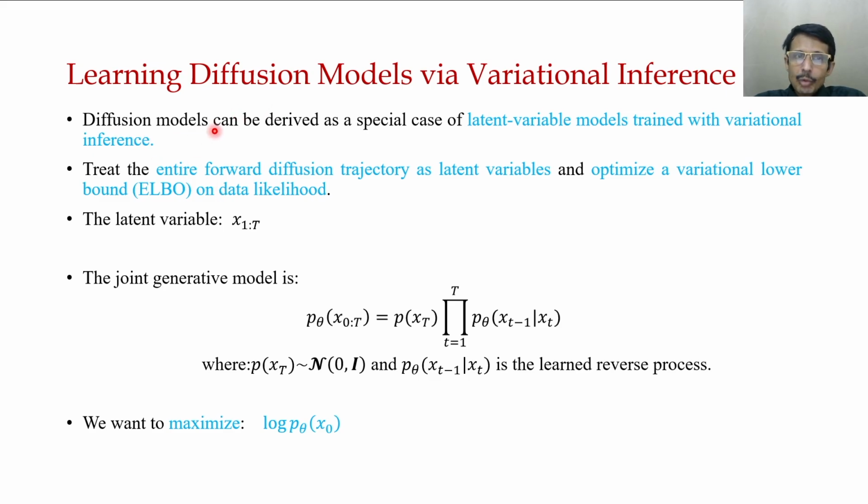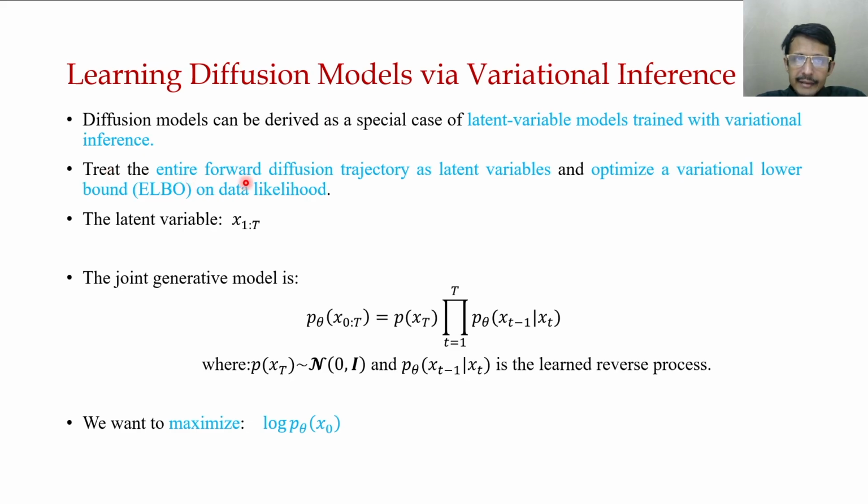The diffusion models can be derived as a special case of latent variable models trained with variational inference. Why can latent variable models be used? That we'll see in just a few slides.